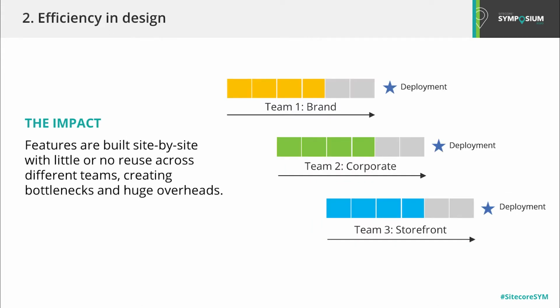This leads to little or no reuse across these teams, creating huge overheads. Rolling out a new site in such a scenario will take almost the same amount of time and effort as it took for the first website. Moreover, maintaining and updating each site over time requires bigger and bigger effort.